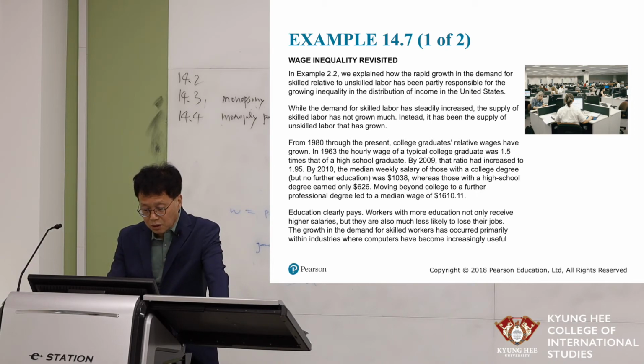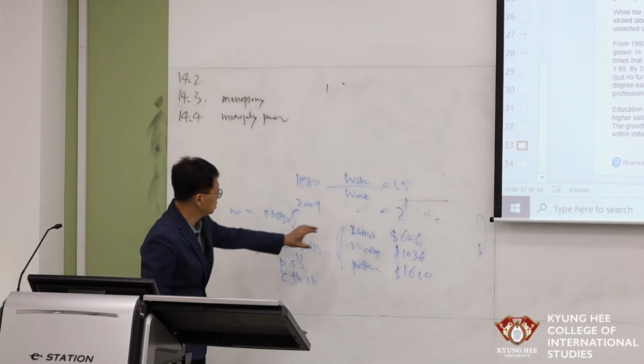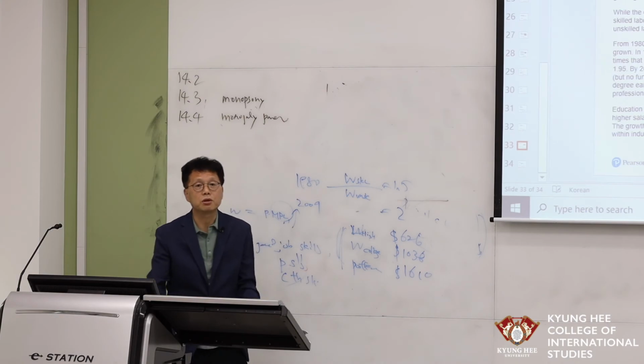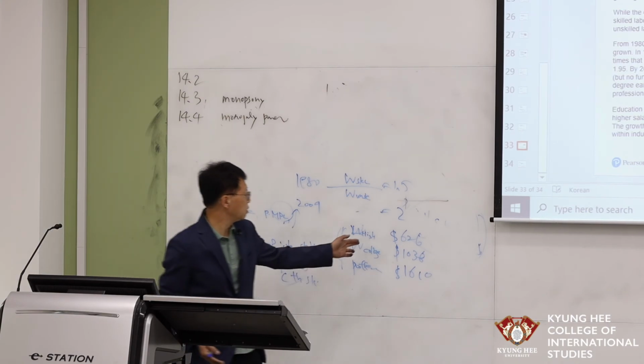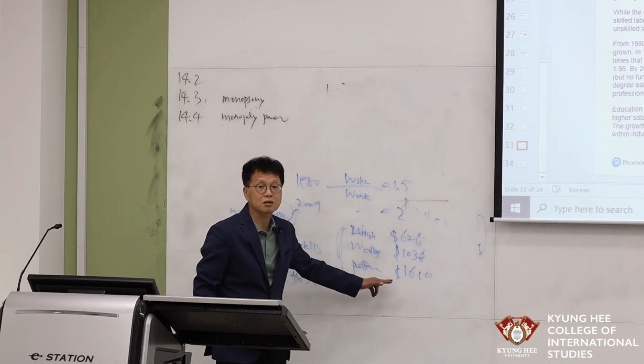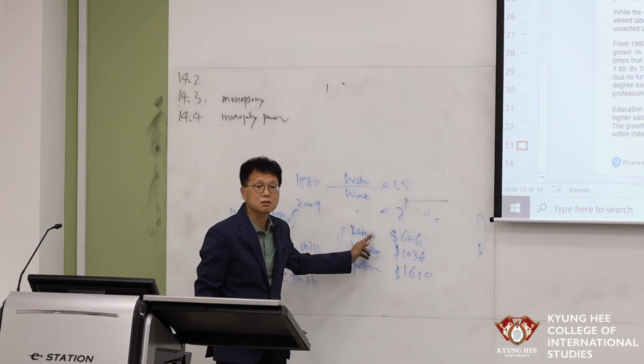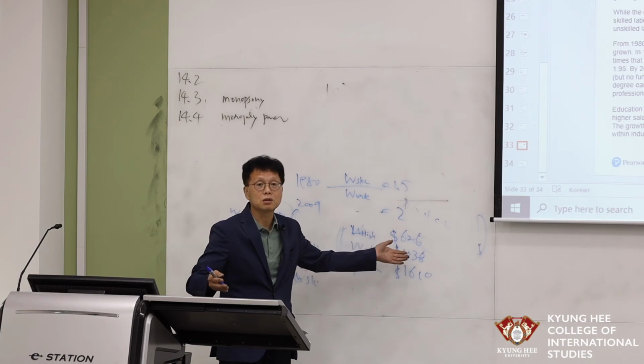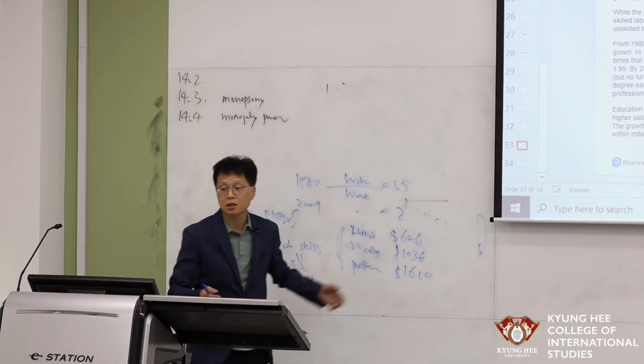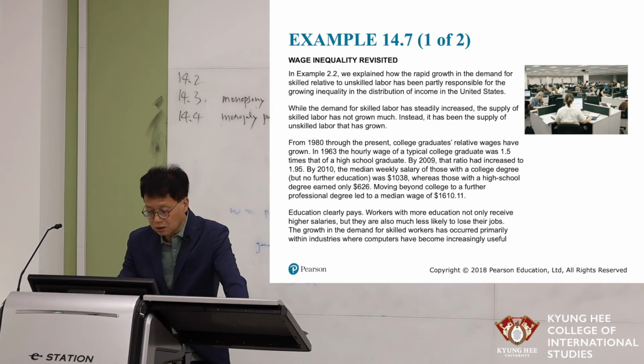Okay? Education clearly pays. Workers with more education not only receive higher salaries, but they are also much less likely to lose their jobs. So these three groups have different unemployment rates. More education means a lower unemployment rate, and less education means a higher unemployment rate, okay? So that is a really important thing.